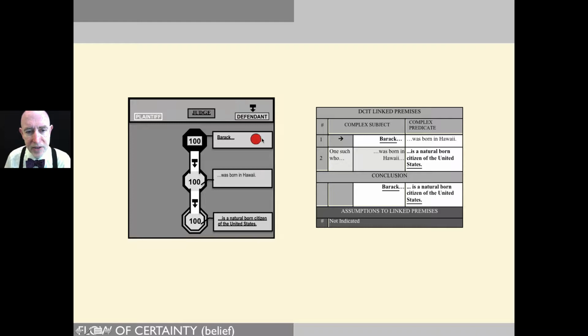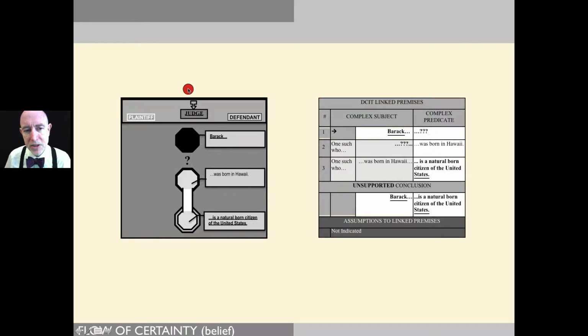The way the defendant perceives that line of reasoning is that 100% of the certainty can reach to the finish, so from the defendant's point of view, this conclusion is 100% certain.